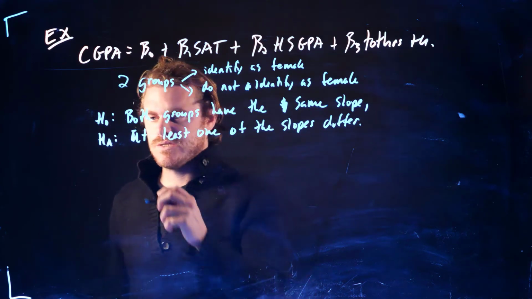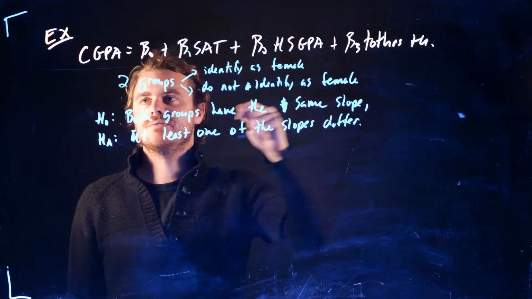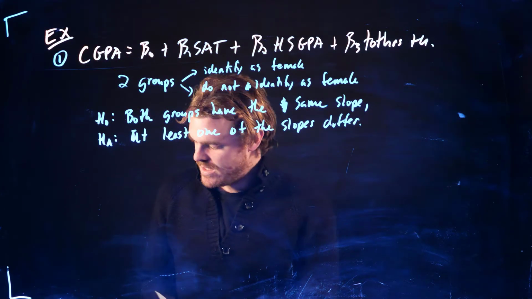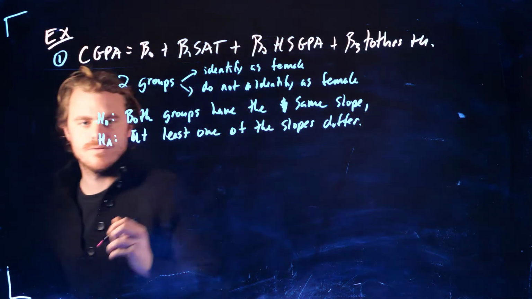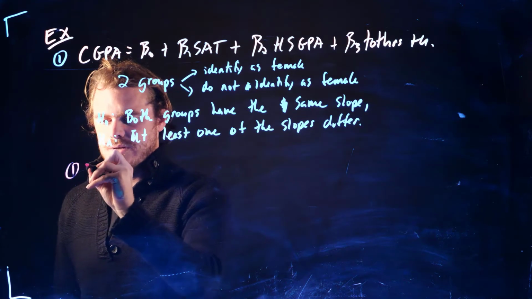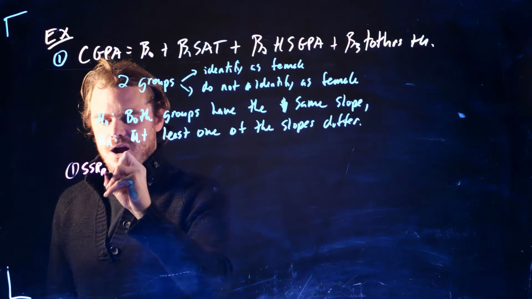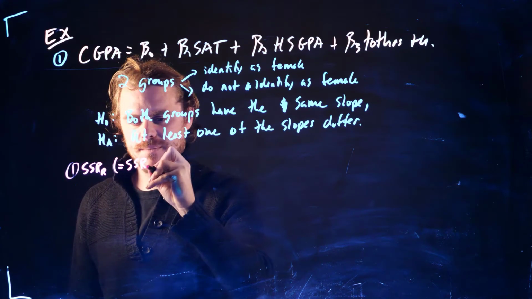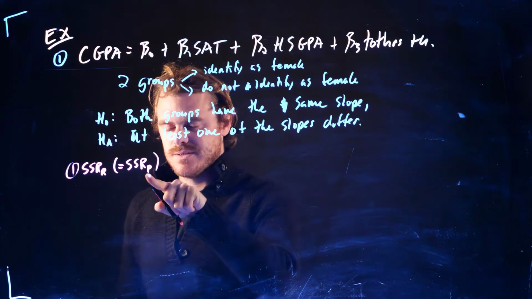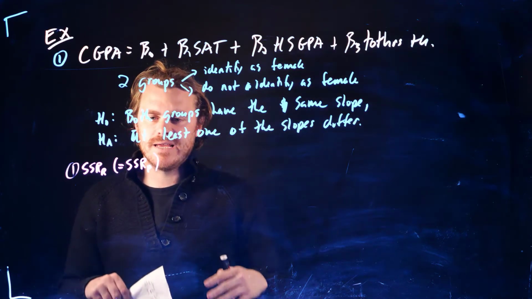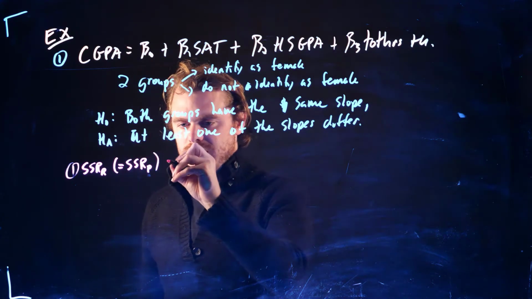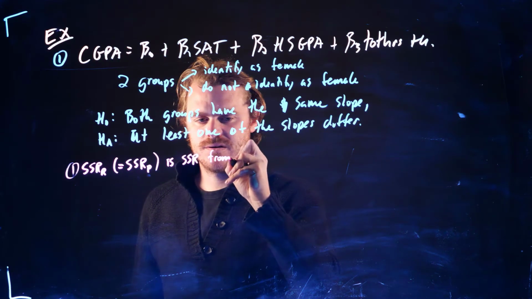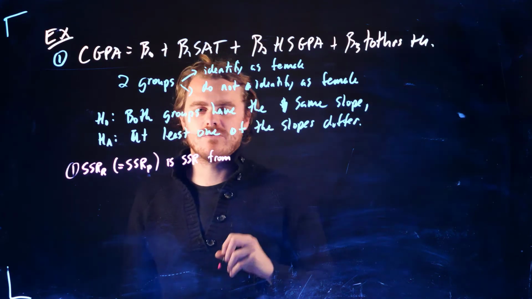Okay, so here's our regression. Let's call this regression 1 again. The SSR_R, which is often called the SSR_P for pooled because we're pooling everybody in our sample, is the SSR from the following regression.